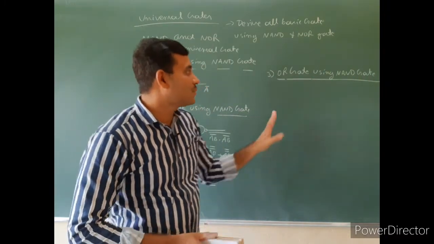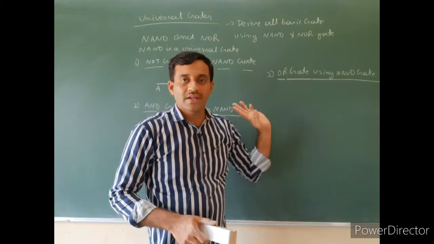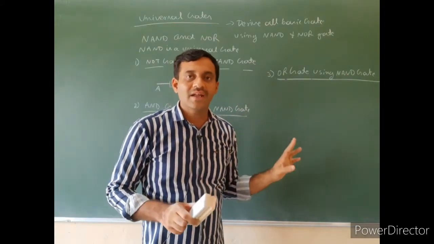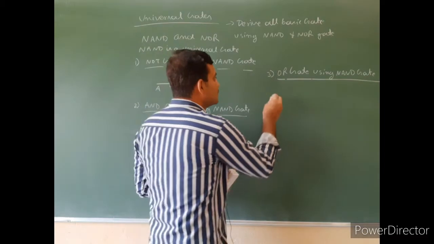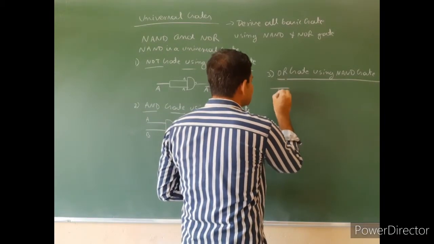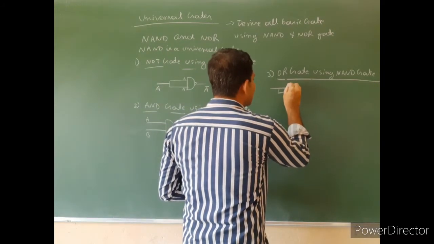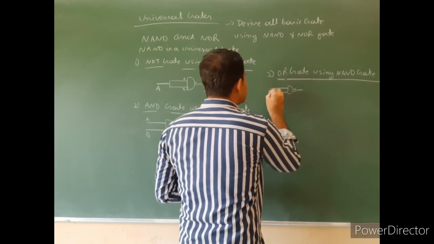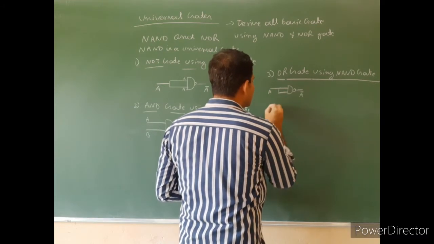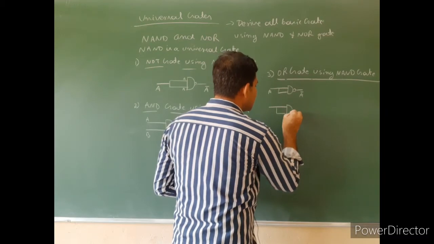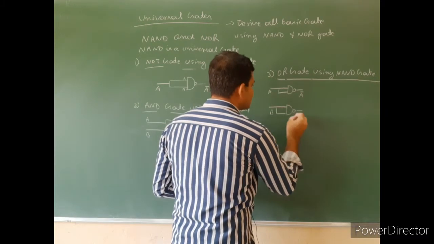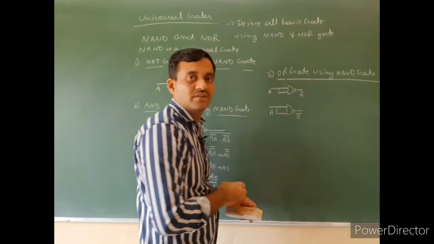We know that there is no direct relation between the NAND gate and the OR gate. So first, individually take the inputs. If it is A here, the output is A bar. For the other one, if it is B at the input side, then the output is B bar.